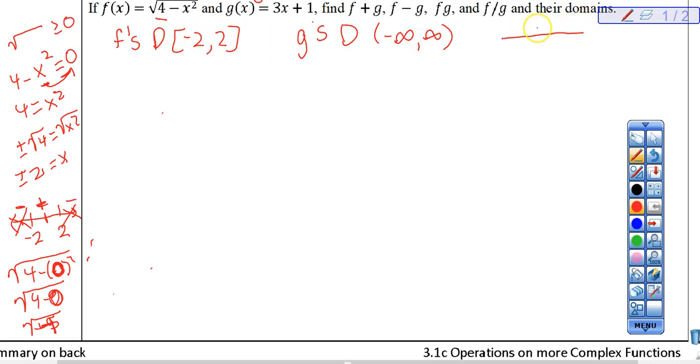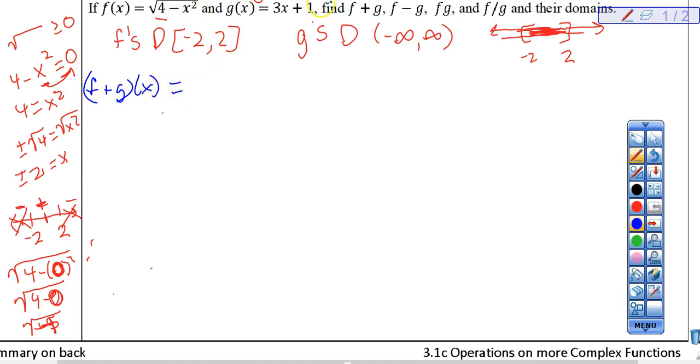I am stuck between -2 and 2. Because even if I do G, and G is everything, it doesn't matter. They have to overlap. And they only overlap in that section of the number line. All right, so here we go. So we're going to do, this is going to go a lot faster. The F plus G of X.